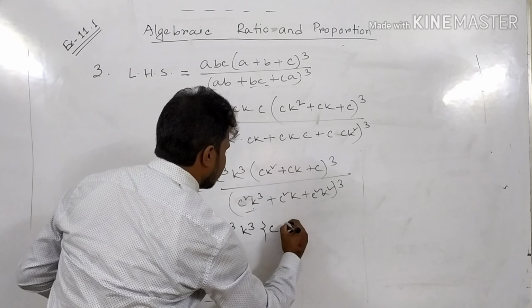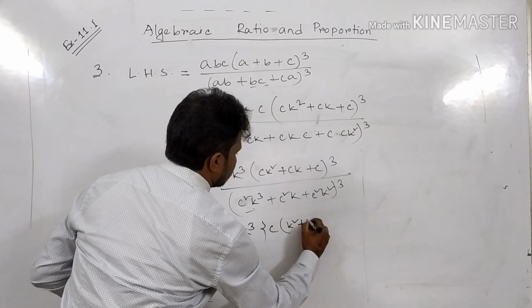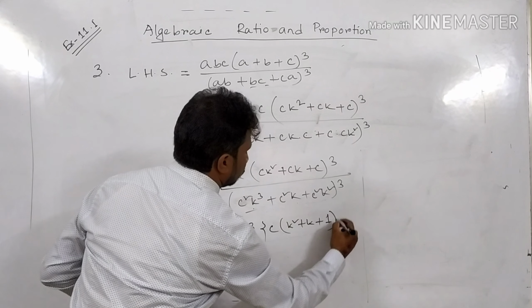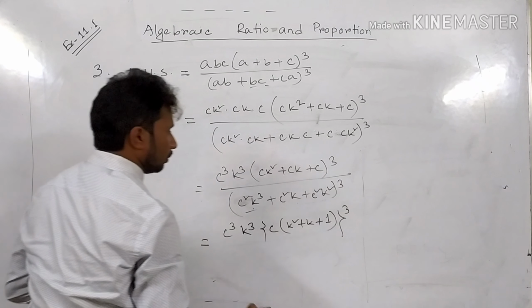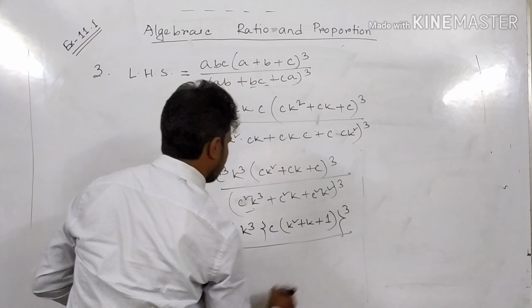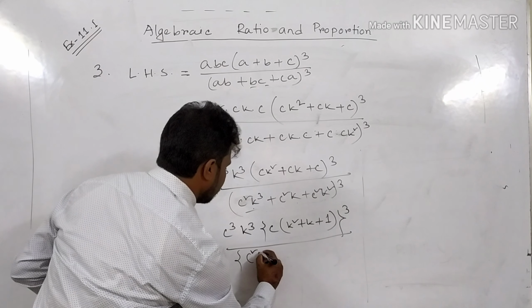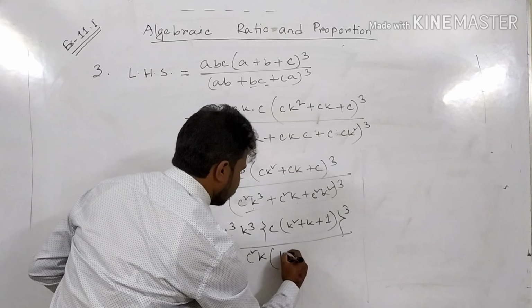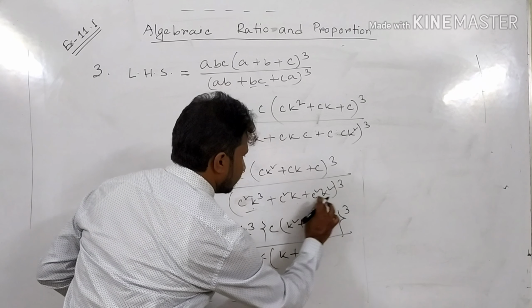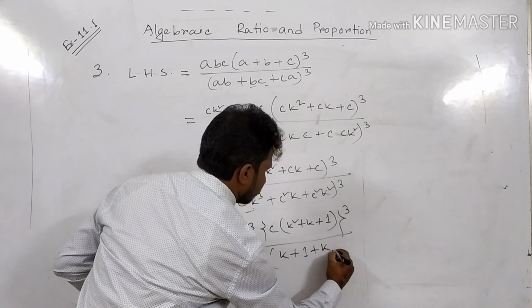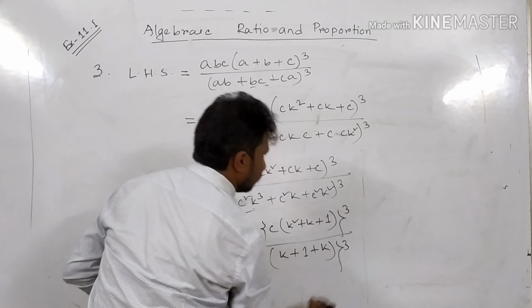Here common is c, k square k plus 1 into whole cube, divided by the second bracket, here common is c square k, then k plus 1, here it is k whole cube.